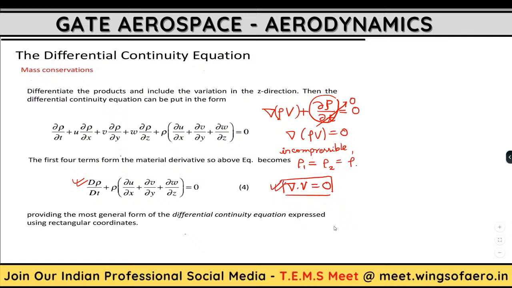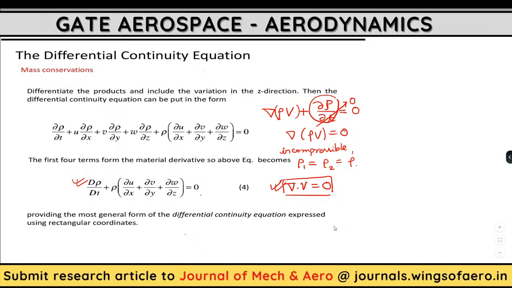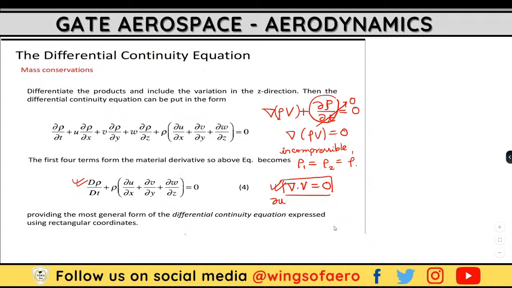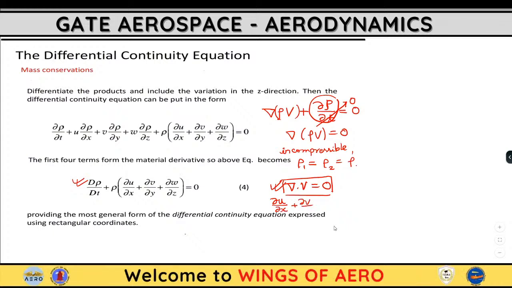And the general differential form, we have to remember this. That is del dot V, which represents dou u by dou x plus dou v by dou y plus dou w by dou z equal to 0.